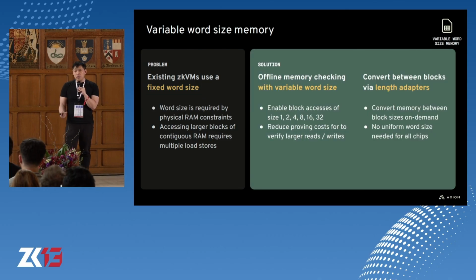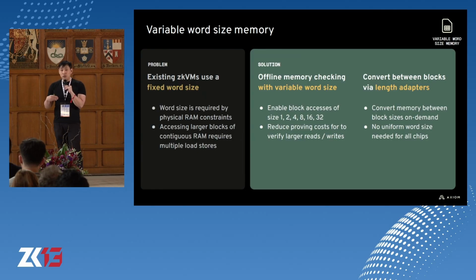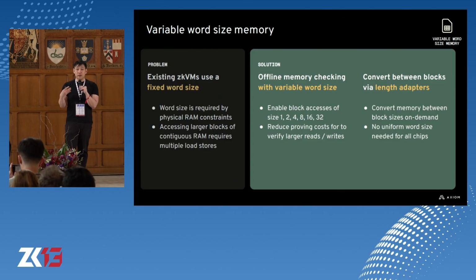So in OpenVM, we actually introduced offline memory checking with a variable word size. So we allow block sizes between 1 and 32. And in particular, if you write a block of size 32, you can directly read it without breaking it up into blocks of size 1.